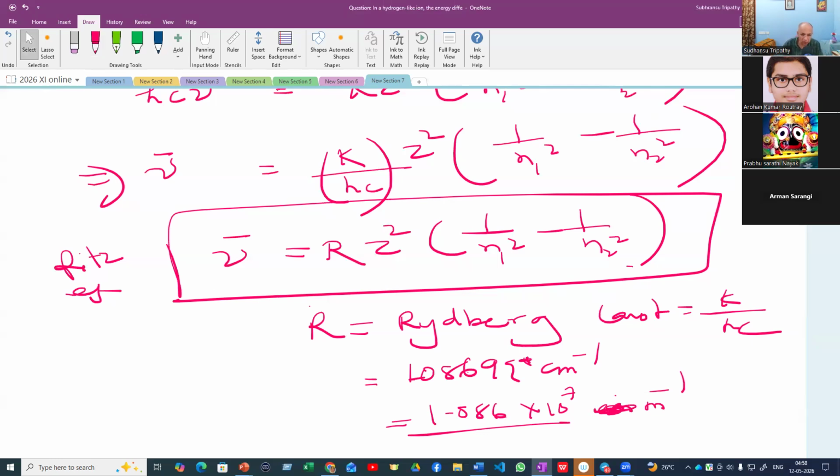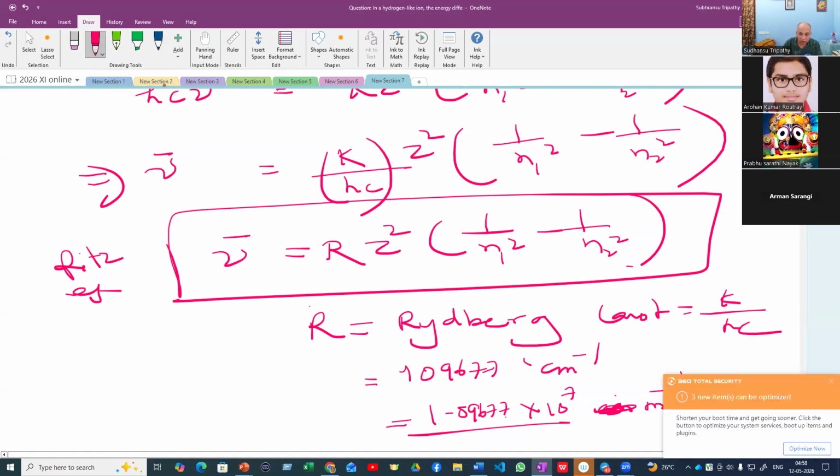Sorry, it is 109, not 108. So this is 109677. This is the value of the Rydberg constant.